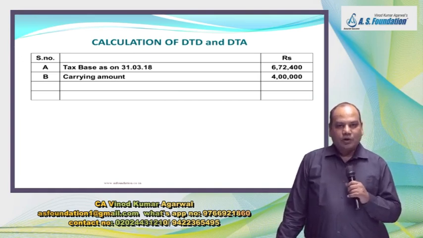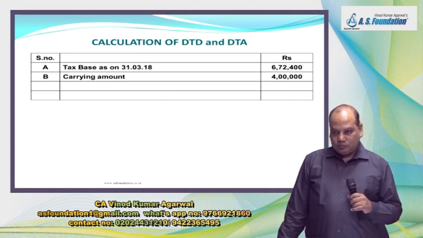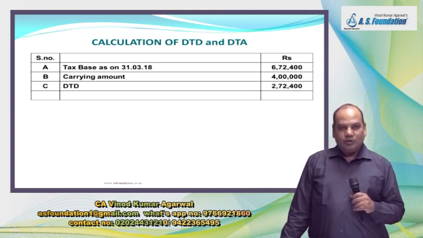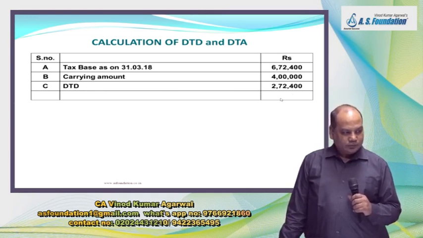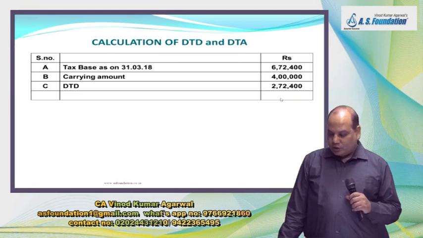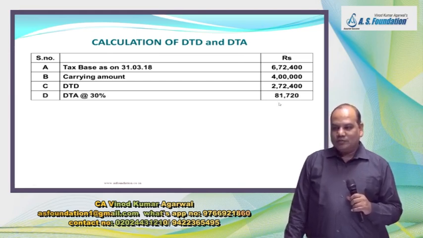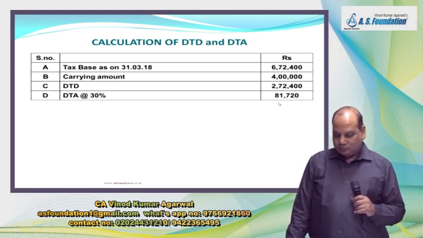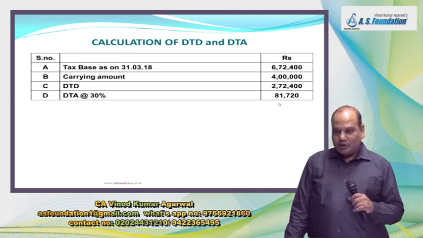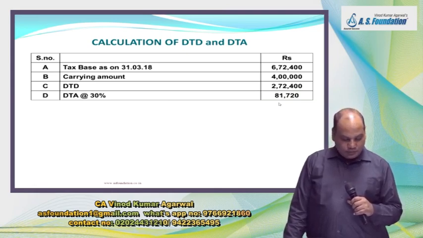C, deductible temporary difference 2,72,400. Therefore DTA at the rate of 30%, how much are you getting? 81,720. Right.